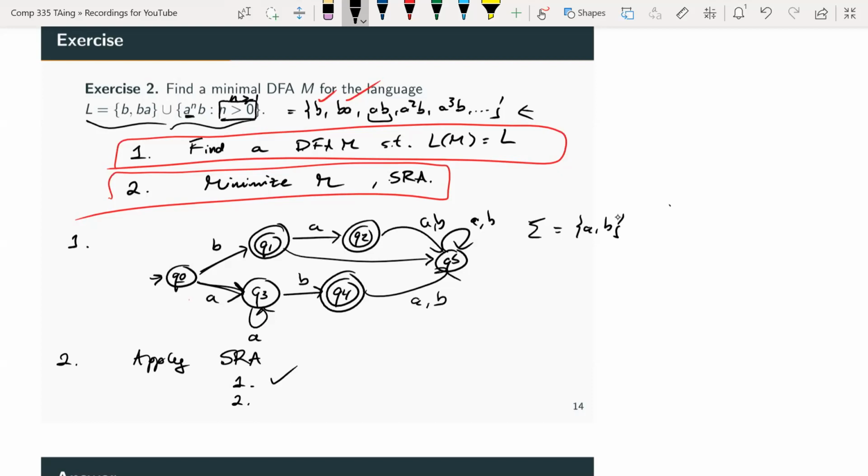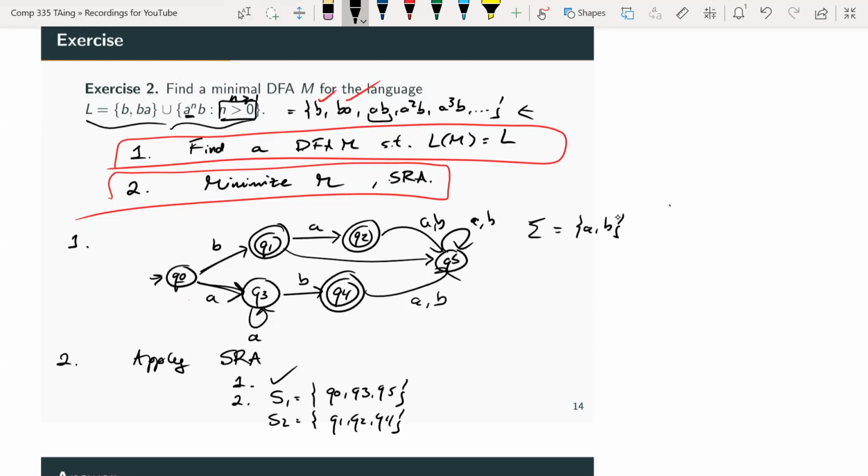The second step is you initialize your partitions S1 and S2. S1 is the non-final states, so it's Q0, Q3, and Q5. And S2 is the final states, so Q1, Q2, Q4.